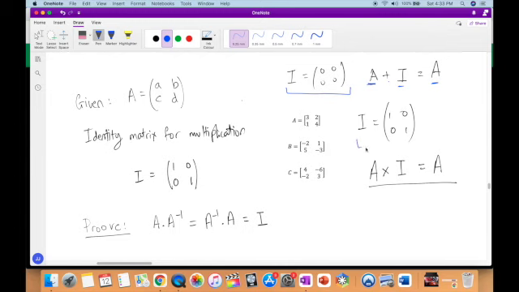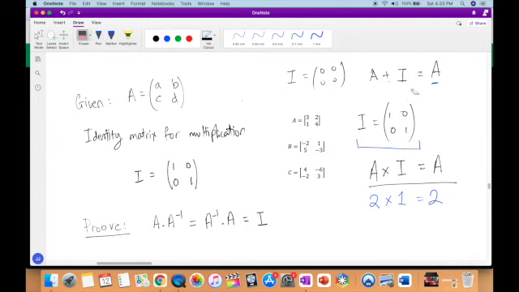Similarly, this here is the identity for matrix multiplication. So if you take a number 2 and multiply it by the identity for multiplication, which is 1, remember, the identity for addition is 0, but the identity for multiplication is 1, you'll get back 2. Okay. So this here is really important.